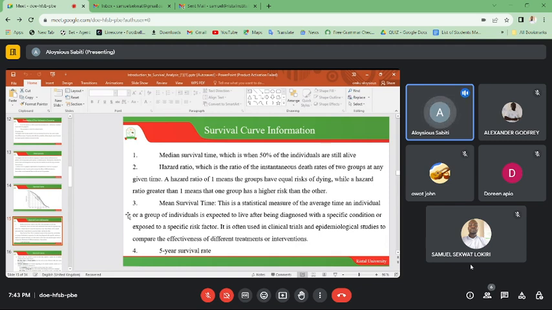Then the mean survival time is the statistical measure of the average time an individual or group of individuals is expected to live after being diagnosed with a specific condition or exposed to a risk factor. It is often used in clinical trials and epidemiological studies to compare the effectiveness of different treatments or interventions.